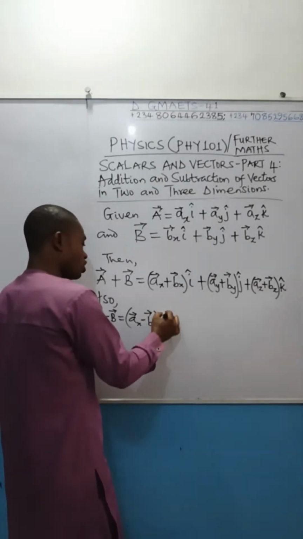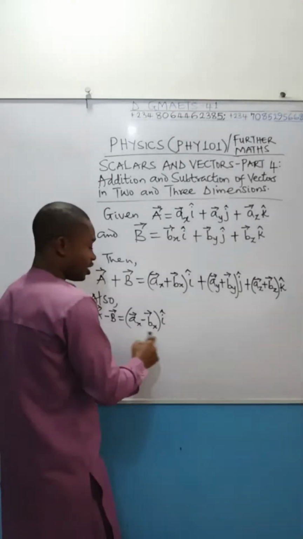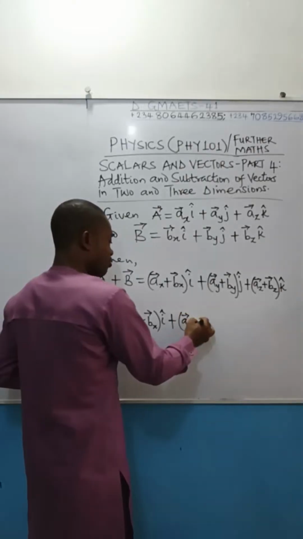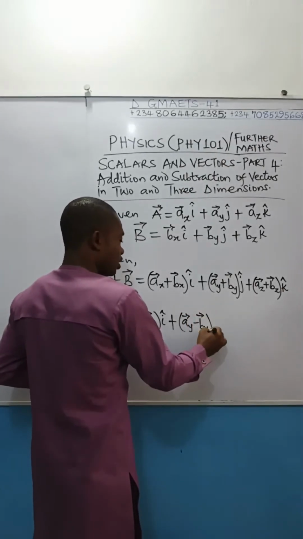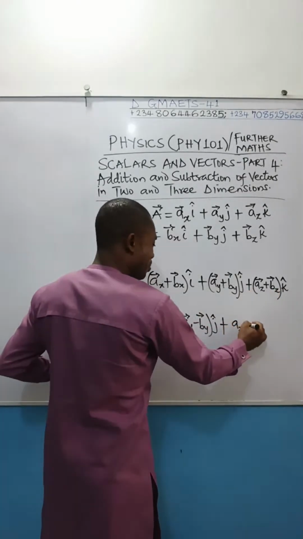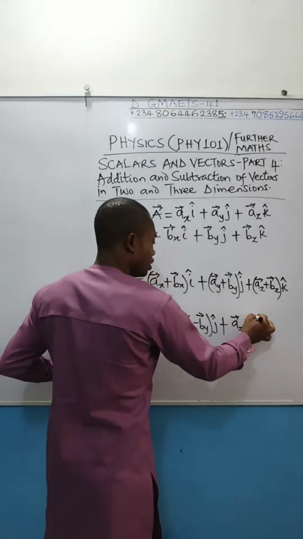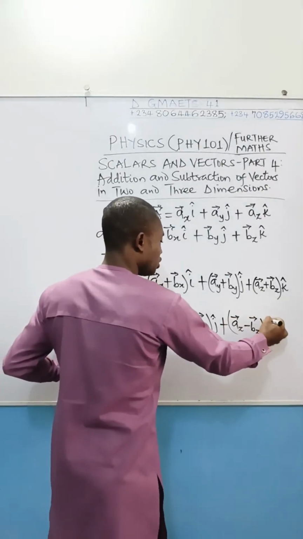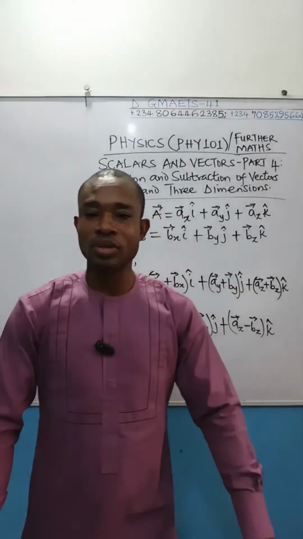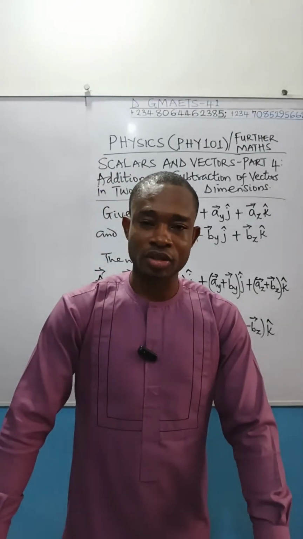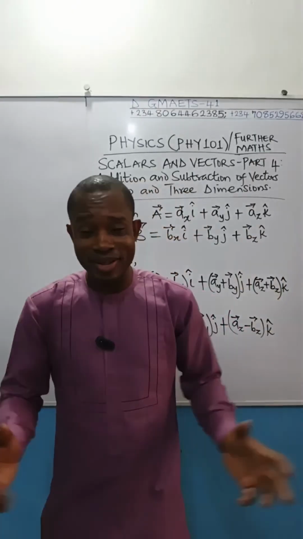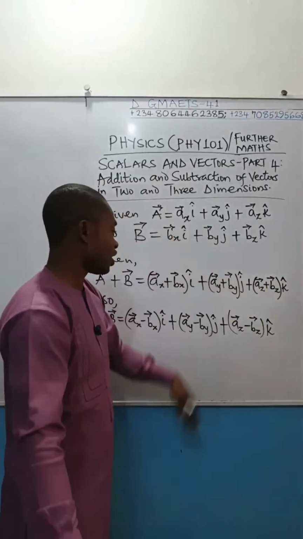Then, of course, we introduce the unit vector i, since the axis there is x, plus do same here, ay minus by, and then unit vector j, plus finally az minus bz. Okay, and then you attach your unit vector k. So this is how you solve them. It's very simple. Addition and subtraction of vectors in 2 or in 3 dimensions. Just 1 plus 1 calculation once the components of the vectors are given to you.